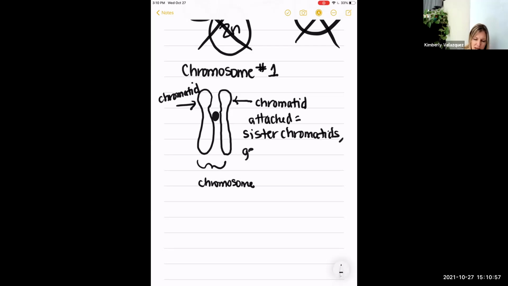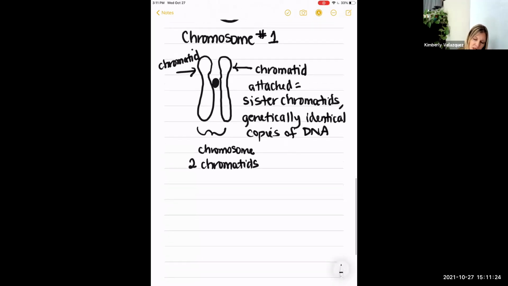And they are genetically identical copies of that DNA. Sometimes in the cell cycle, a chromosome has two chromatids. So we would say this chromosome number 1 is made of two chromatids, and they are sister chromatids. They are genetically identical to each other.